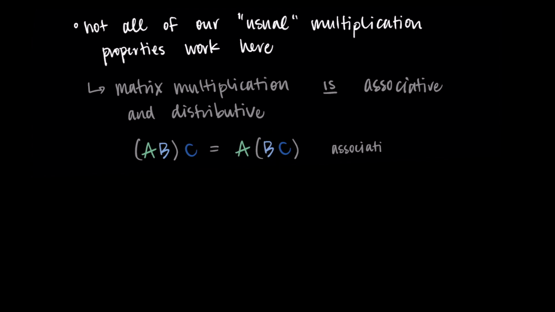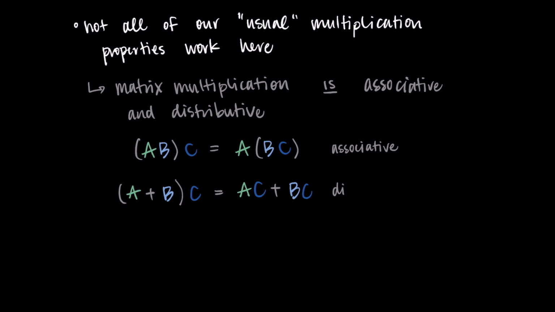So we can do A times B first, then multiply by C, or we can do B times C first and then multiply by A. So this means that it's associative. Matrix multiplication is also distributive. If you have A plus B and you want to multiply it by C, you can do A times C plus B times C. We can distribute that C to both A and B.